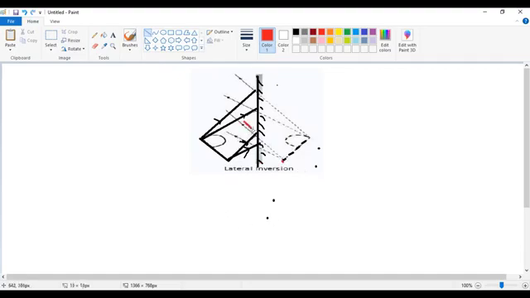Now you take this incident ray hitting the plane mirror, draw a reflected ray, and this reflected ray needs to be joined behind the plane mirror in the same direction, C, like this.